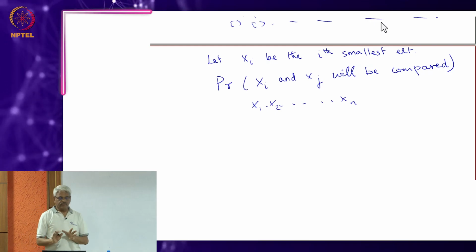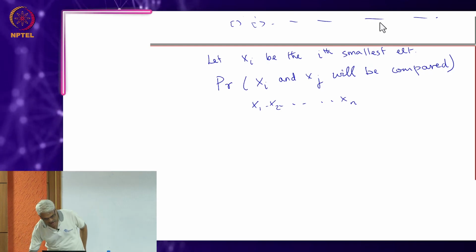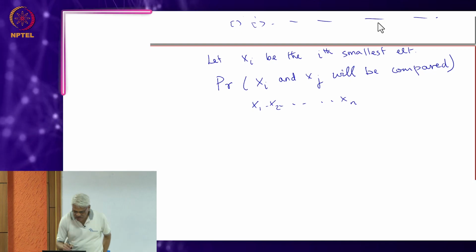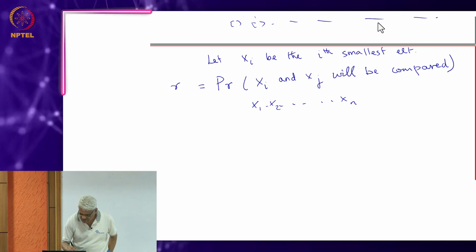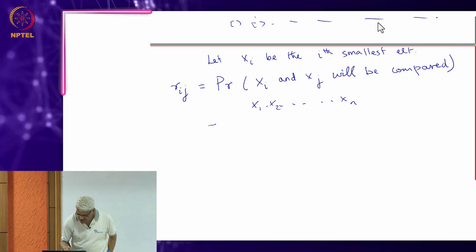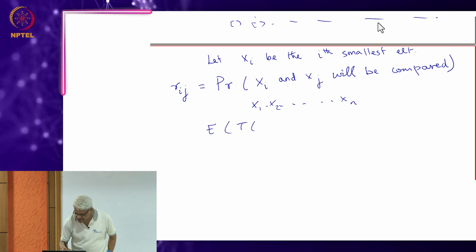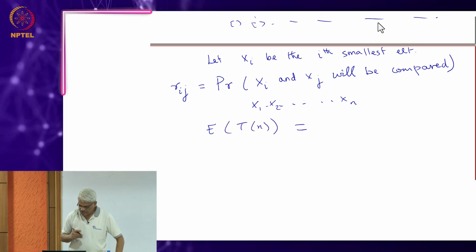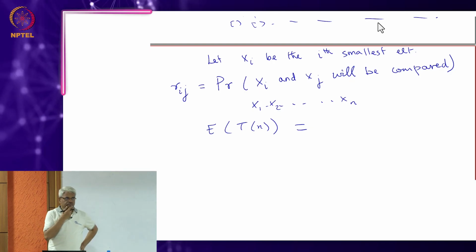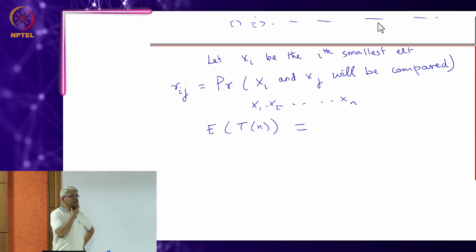Okay. So now, let us call this some Rij. Then what is the expected number of comparisons? Can you tell me in terms of Rij?